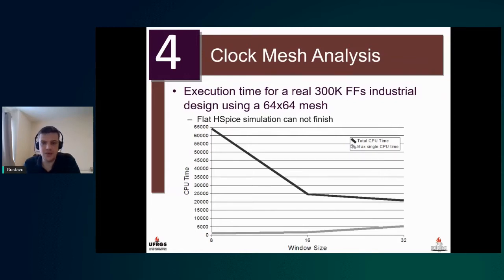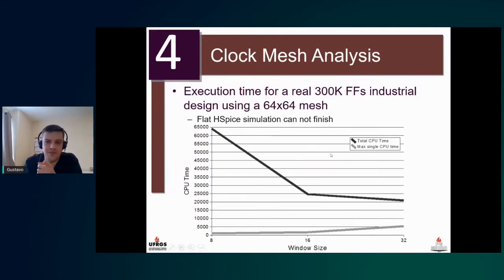So this is a comparison of the runtime. So we can see the runtime if we simulate each one of those windows separately versus the runtime of simulating the whole thing.